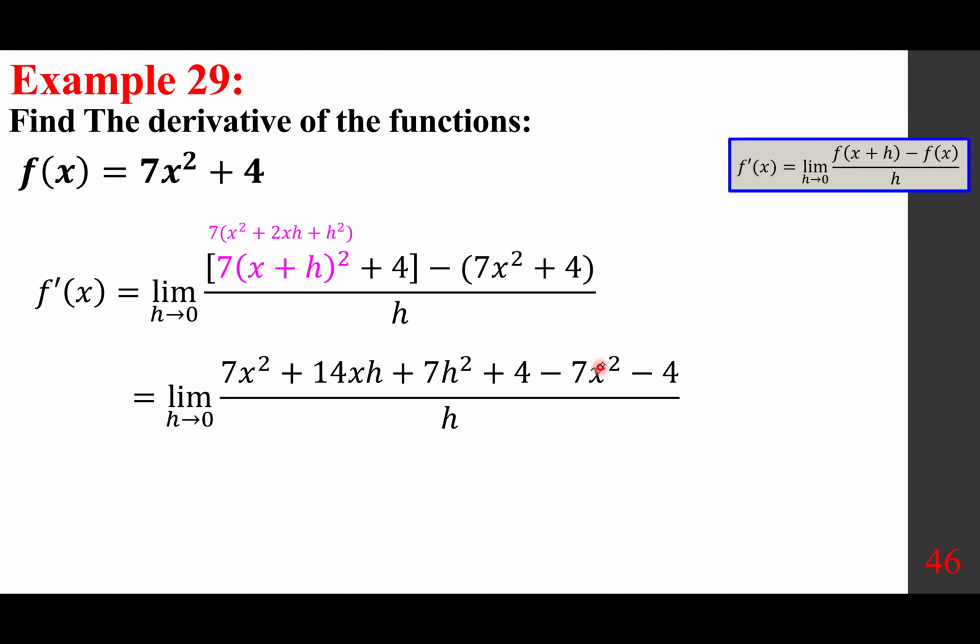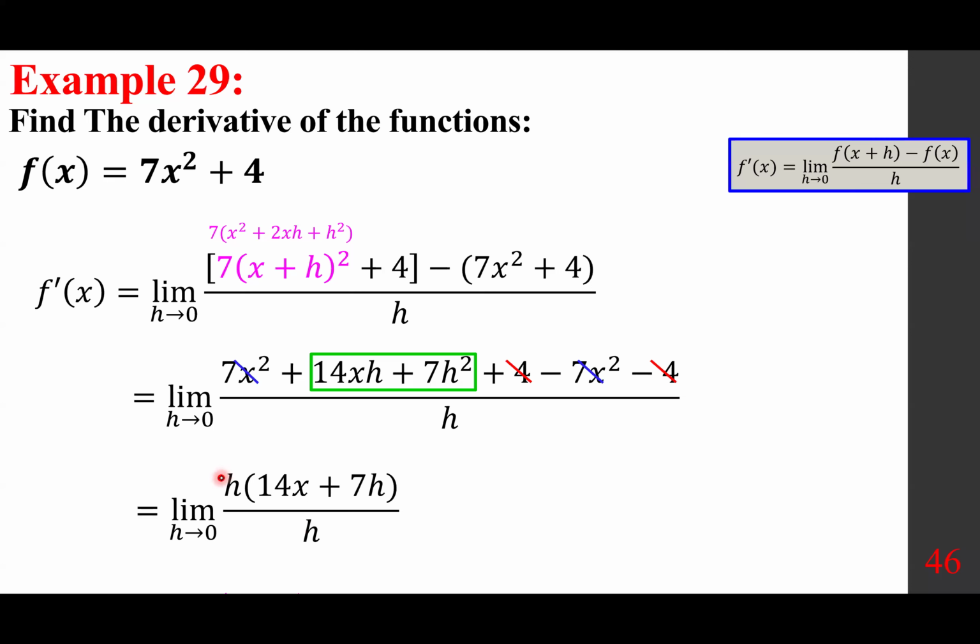Seven x squared minus 7x squared cancel each other. Positive 4, negative 4 cancel each other. This is left from the numerator. Now, I'm going to take the h out from the numerator. Only h. The proper factoring is to take 7h out. I don't want to do that because the h in the denominator is a problem.